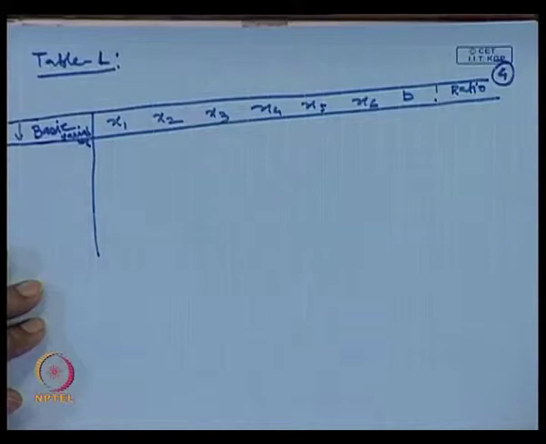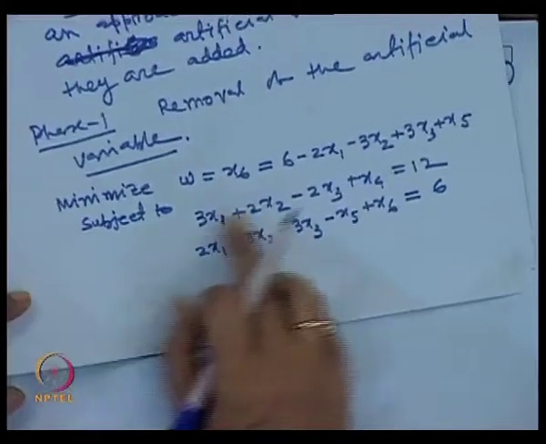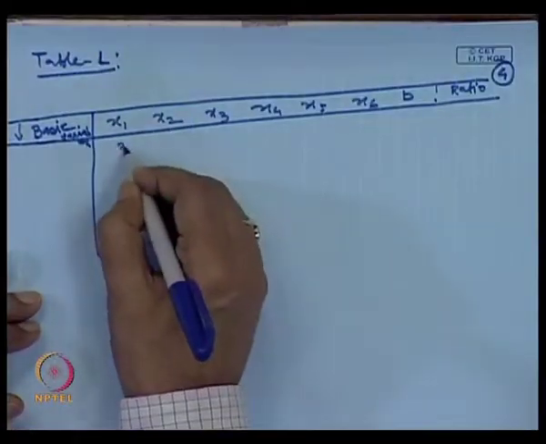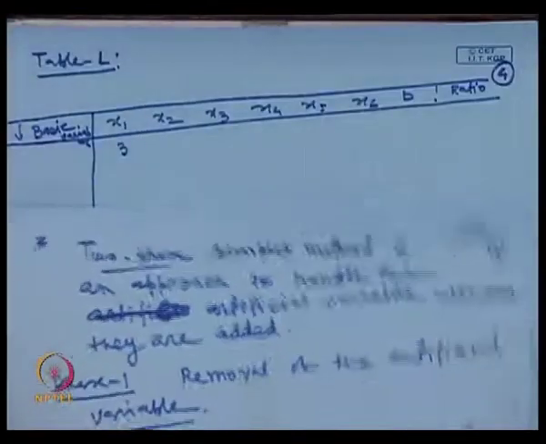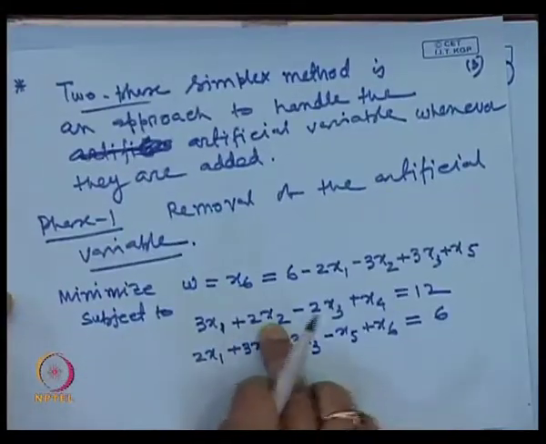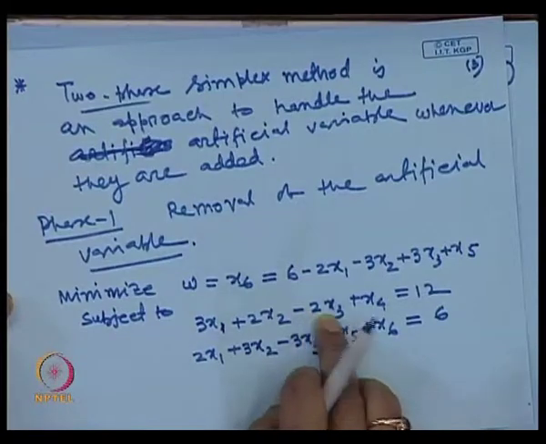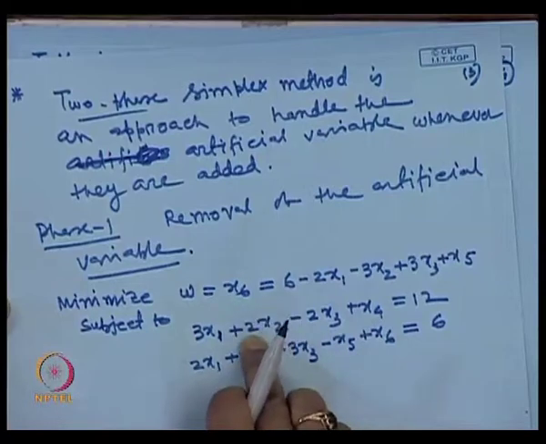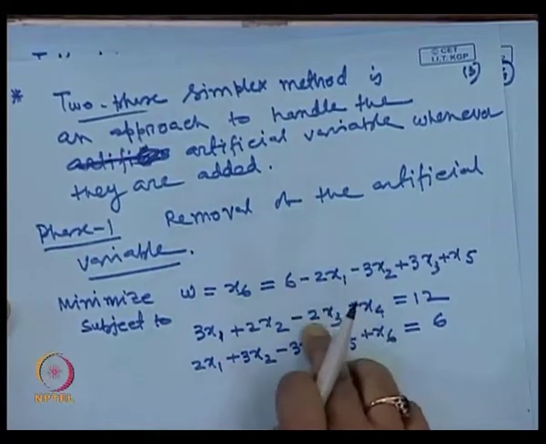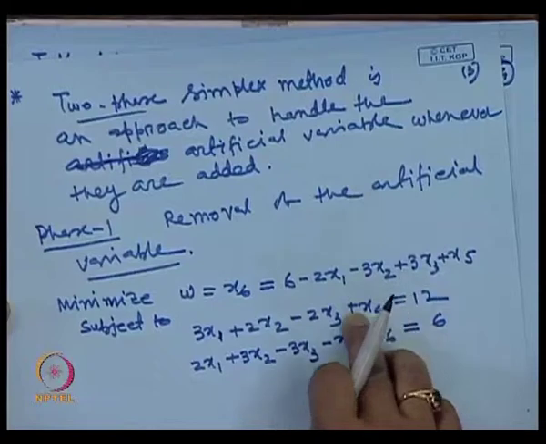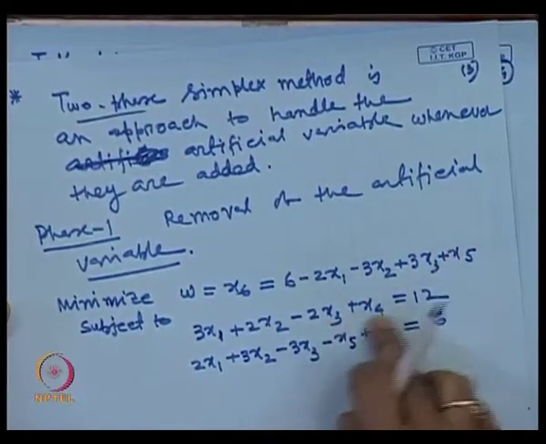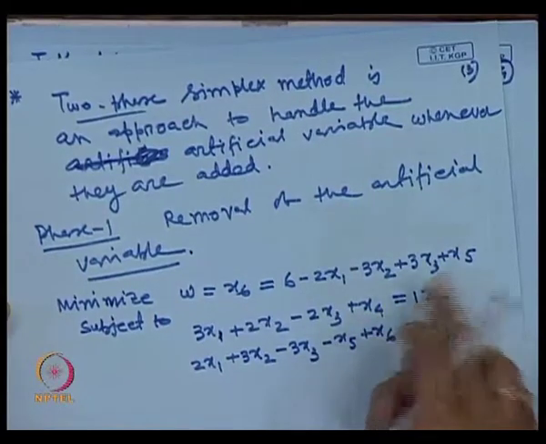So I will write the first equality constraint. 3 into x 1, so 3 will come. Next, 2 into x 2 minus 2 into x 3 plus x 4. So under x 2, 2 will be there, under the x 3 column minus 2, under the x 4 column 1, and the coefficients associated with x 5 and x 6 are 0.